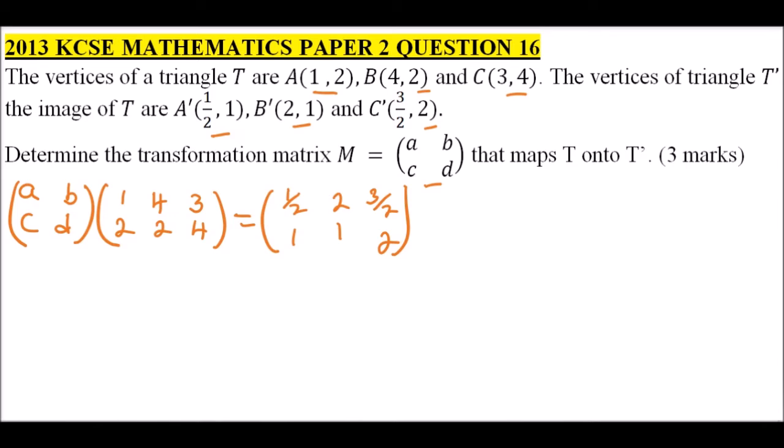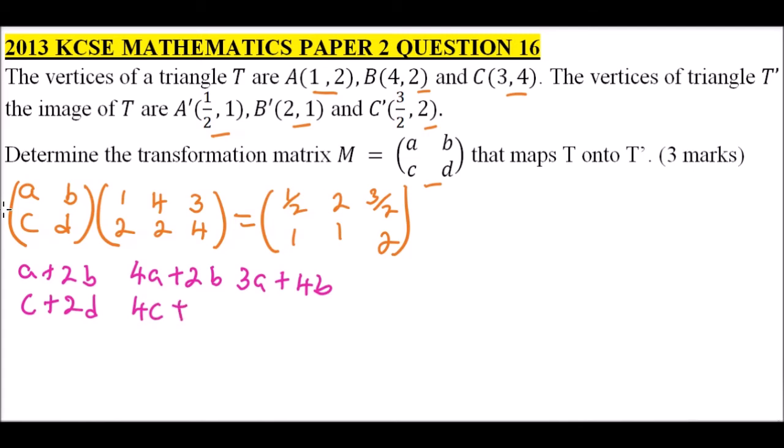So from there we multiply: A times 1 is A, and B times 2 is 2B, so that will give us A plus 2B. The other one will give us 4A plus 2B, and the other one will give us 3A plus 4B. In the other row we have C plus 2D, 4C plus 2D, and 3C plus 4D.